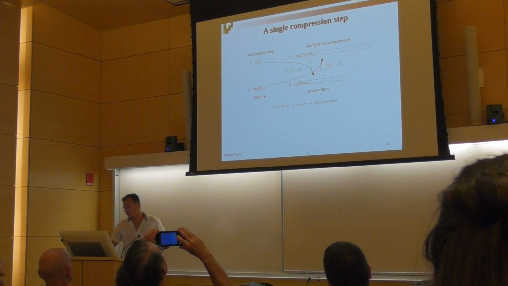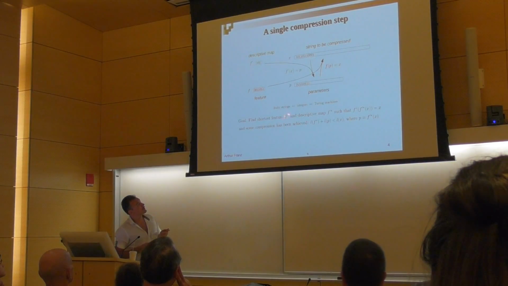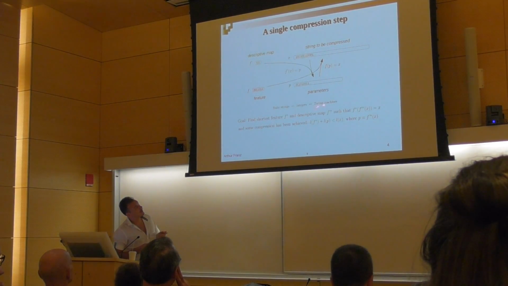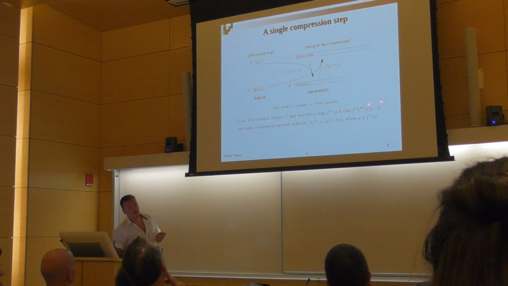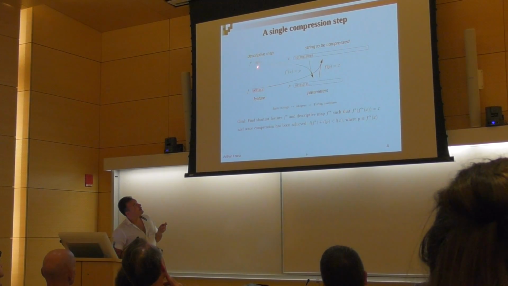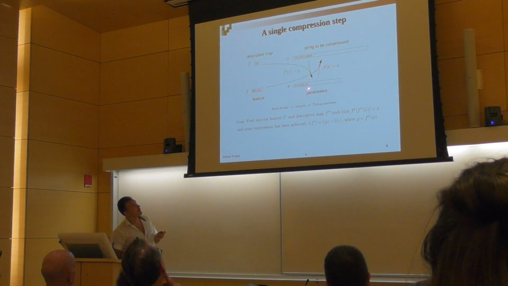So the task is to find two functions for Turing machines, f star and f prime star, that are inverse of each other. So the descriptive map f prime will take x and compute the parameters, and then the feature, what I call the feature, is a function that takes the parameters and computes x again.